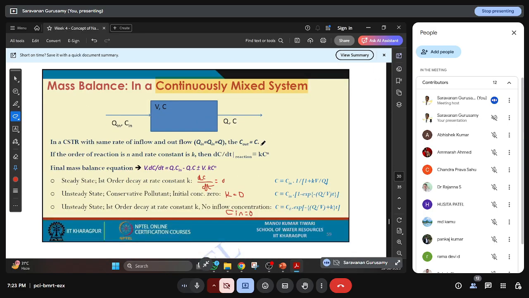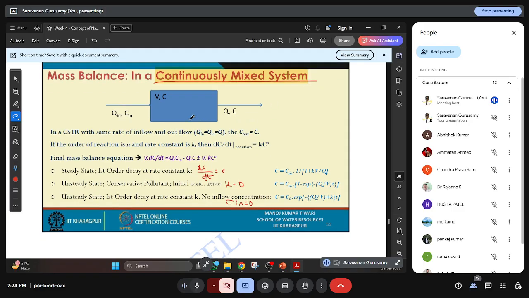Please come to the application part. I'm thinking about the continuously mixed tank. What is the concentration in the tank? It will be the same as what is coming out, right? So in the basic formula, I will change the out as C and the reaction also C. This is the continuously mixed tank reactor.